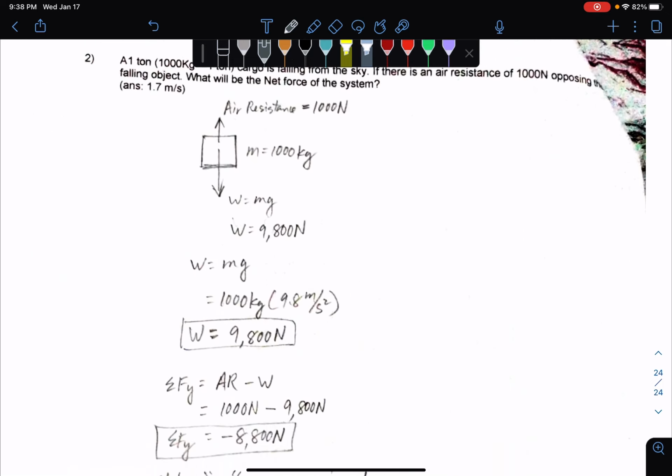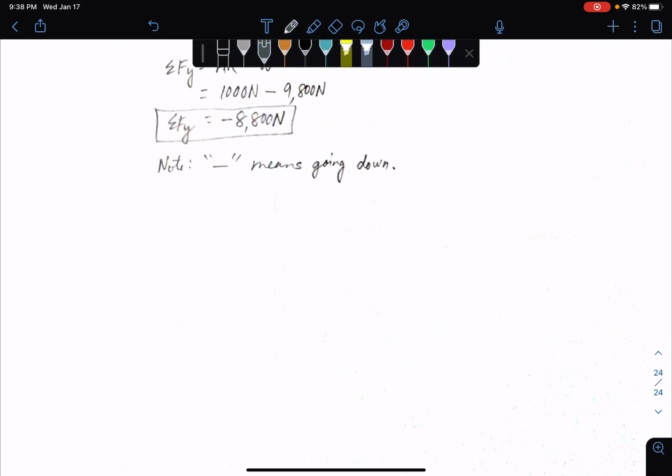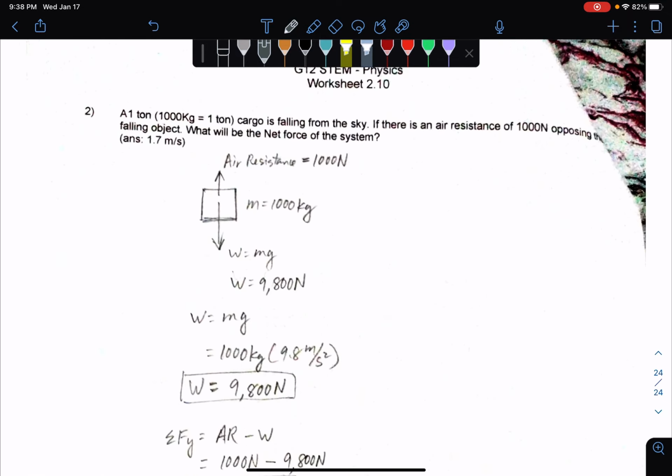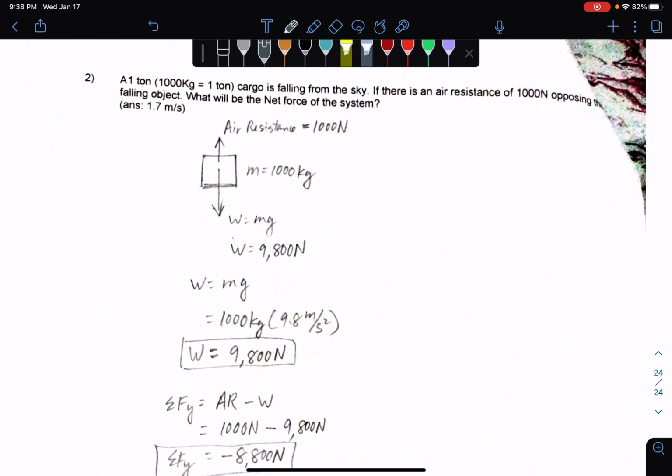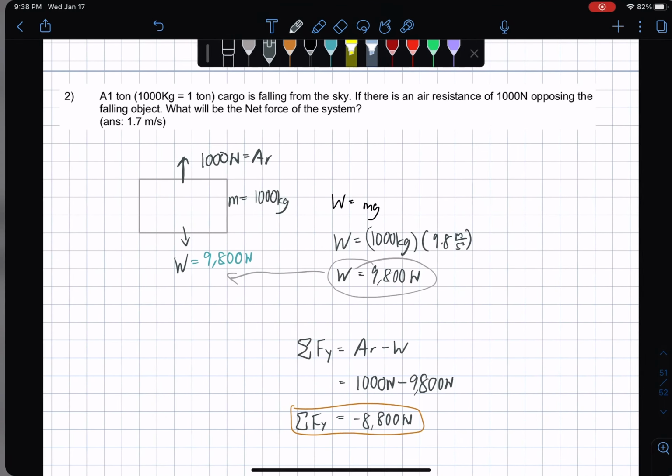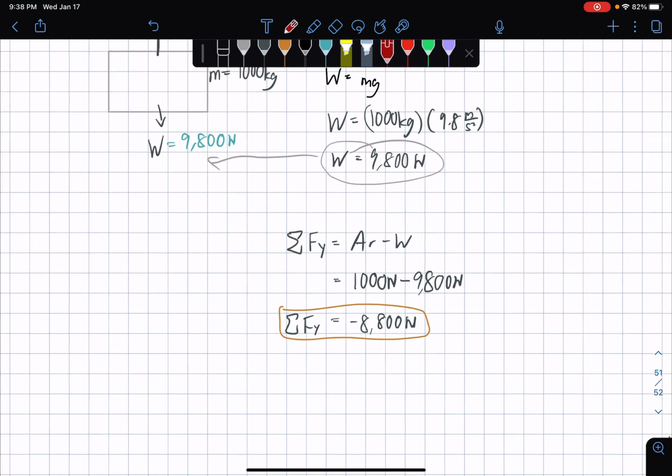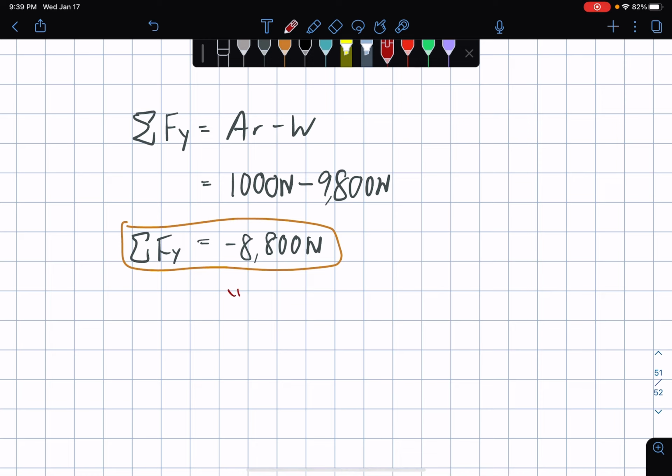Where is the 1.7? Well, this is everything, according to the answer key. Well, we did it, I guess. Negative means going down.